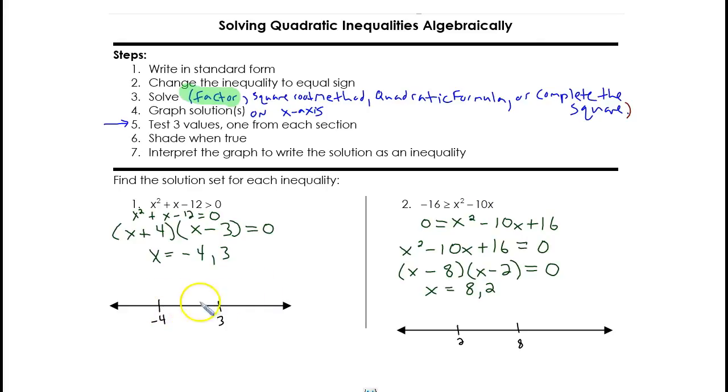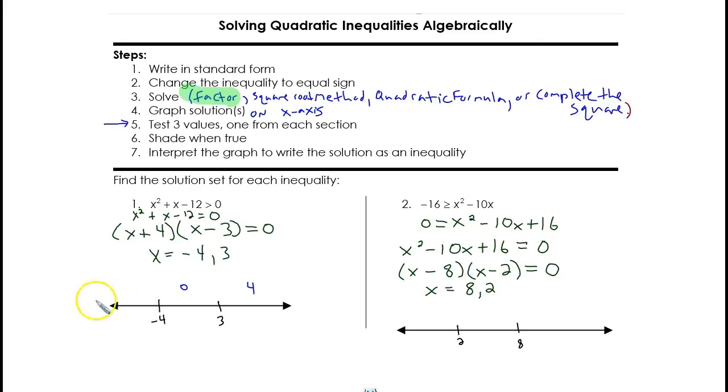You can pick any number between -4 and 3 that you want to. I'm going to test 0. 0 is between -4 and 3, so I'm going to test 0. I've got to pick a number greater than 3. You can use 4, you can use 5, you can use 6, you can use 7, whatever you want. I'm just going to use 4.